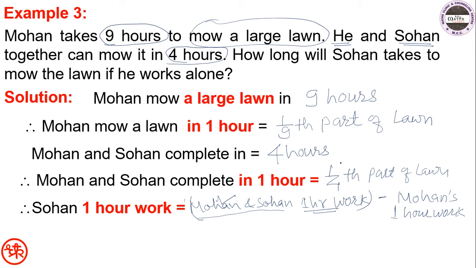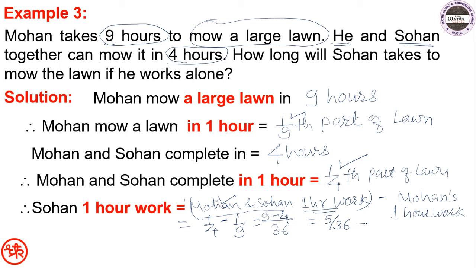Now Mohan and Sohan's 1 hour work is how much? We determined 1 by 4. So it is equal to 1 by 4 minus what is 1 hour work of Mohan? 1 by 9. So minus 1 by 9. If we simplify this, what will you get? 9 minus 4, and that is equal to 5 by 36.